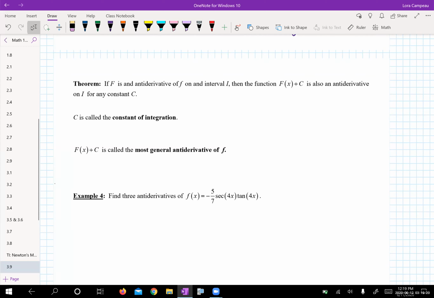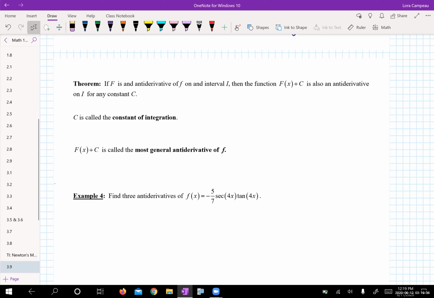They call C the constant of integration. And you're like, okay, C stands for constant. And this time they made it capitalized because we're trying to refer to antiderivative notation, which is usually a capital F of x.